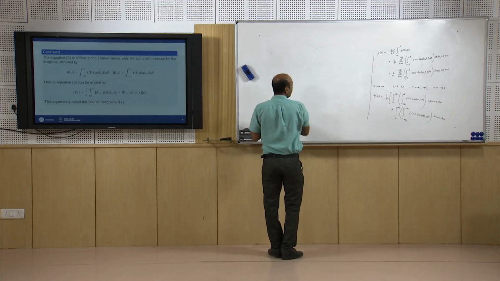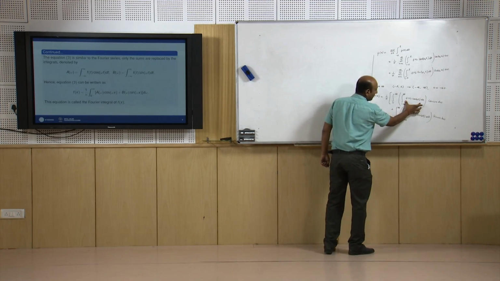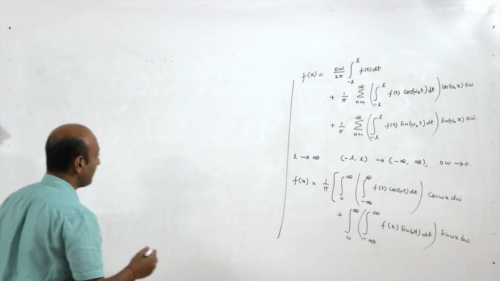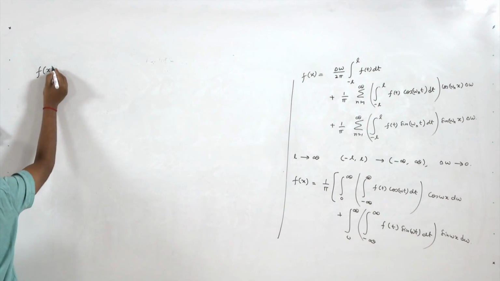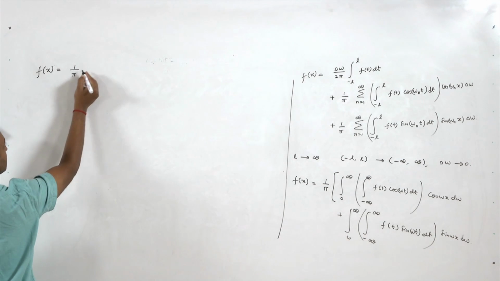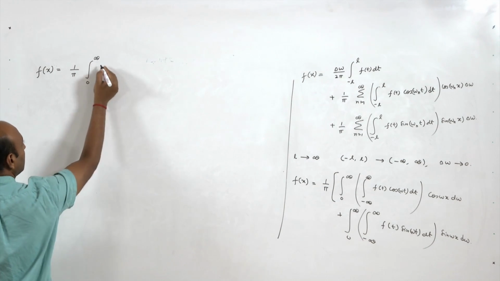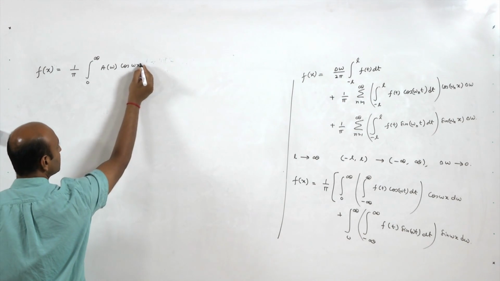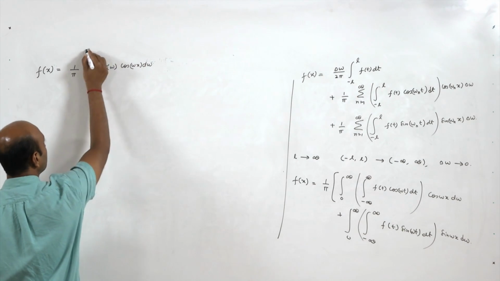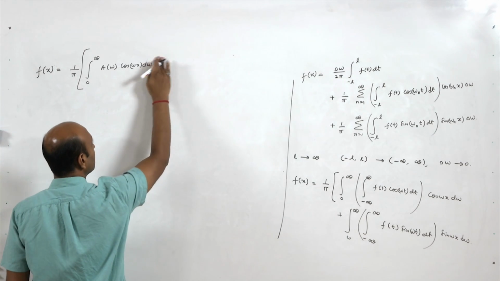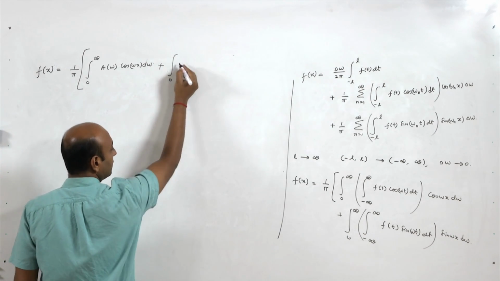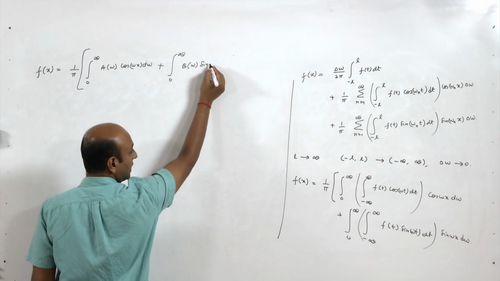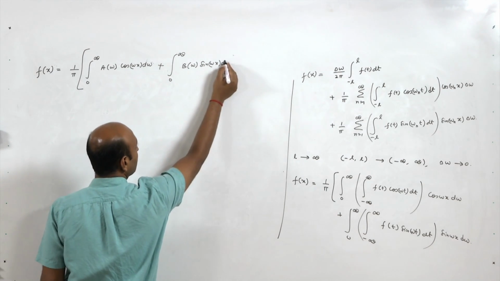Now, here if we take this as A(omega), because it is a function of omega, and this as B(omega), what will be f(x)? f(x) will be nothing but 1 upon pi times integral 0 to infinity A(omega) cos omega x d omega plus integral 0 to infinity B(omega) sin omega x d omega.